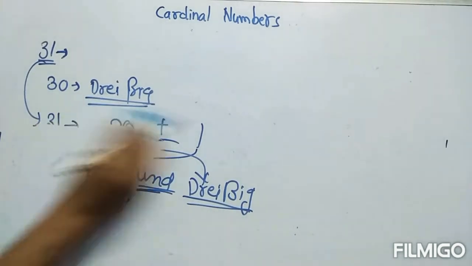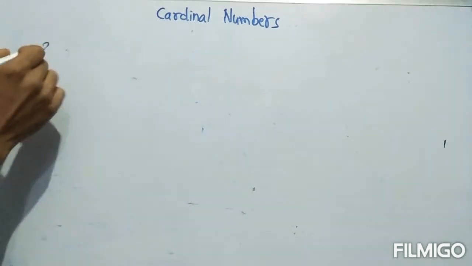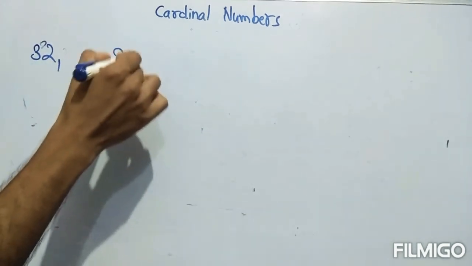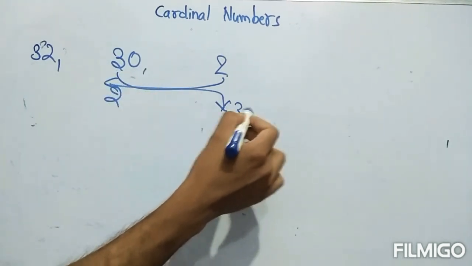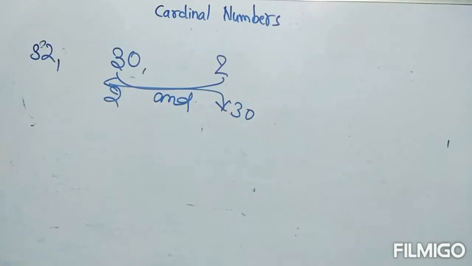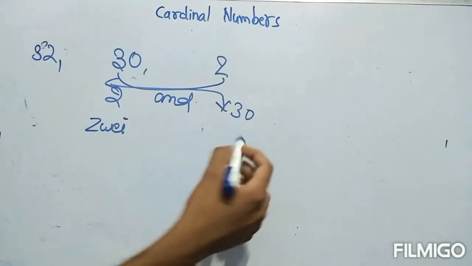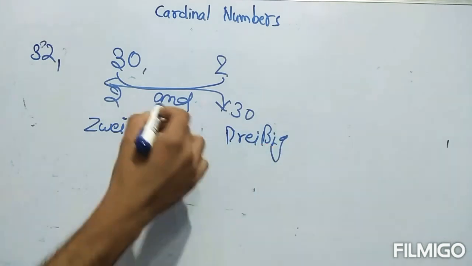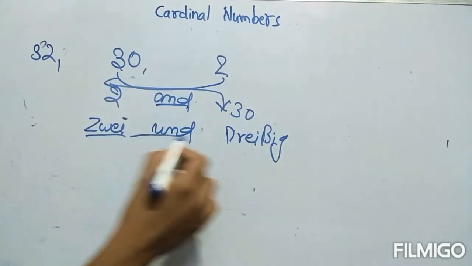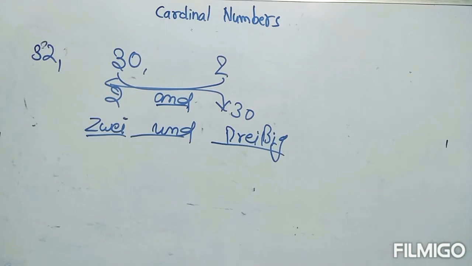32. Just like 31, 32: in German, first we write 2 and then 30. 2 is zwei, 30 is dreißig, and is und. Zwei und dreißig. 31, ein und dreißig. 32, zwei und dreißig.